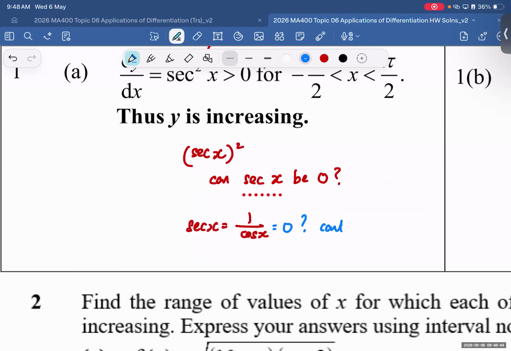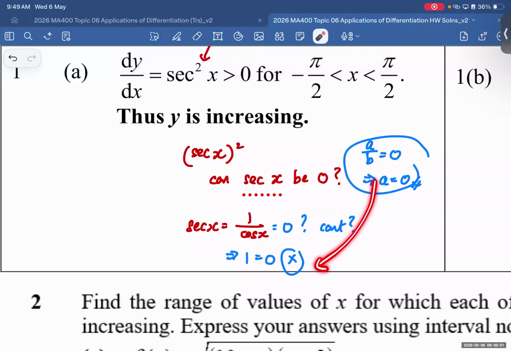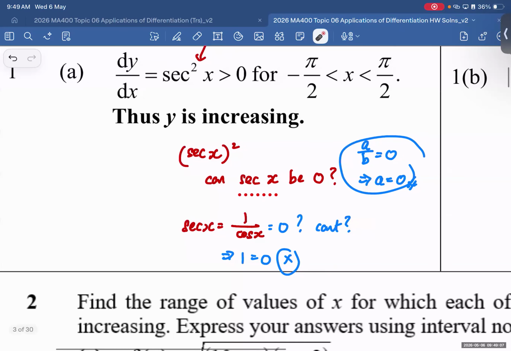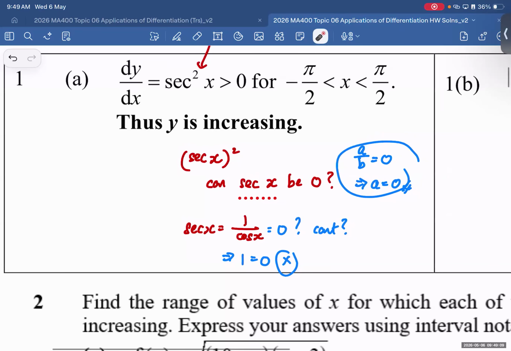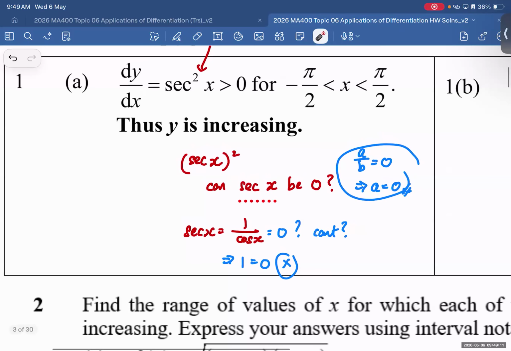Can't, because this means that 1 equals 0, which cannot happen. Remember the definition: whenever we equate a fraction to 0, this just means that the numerator is 0. Based on this, you know that secant x, because it's 1 over cos x, 1 and 0 will never work. So that's the nugget of wisdom I hope you all can take away.